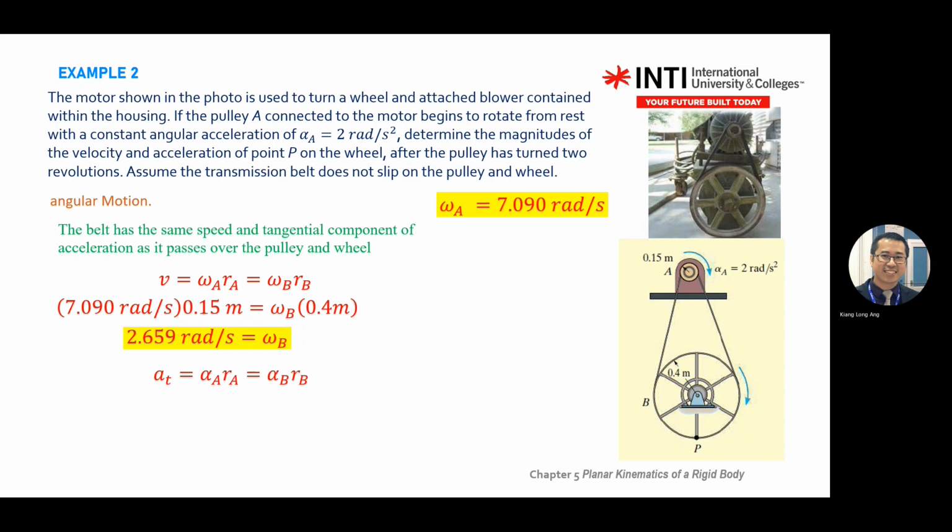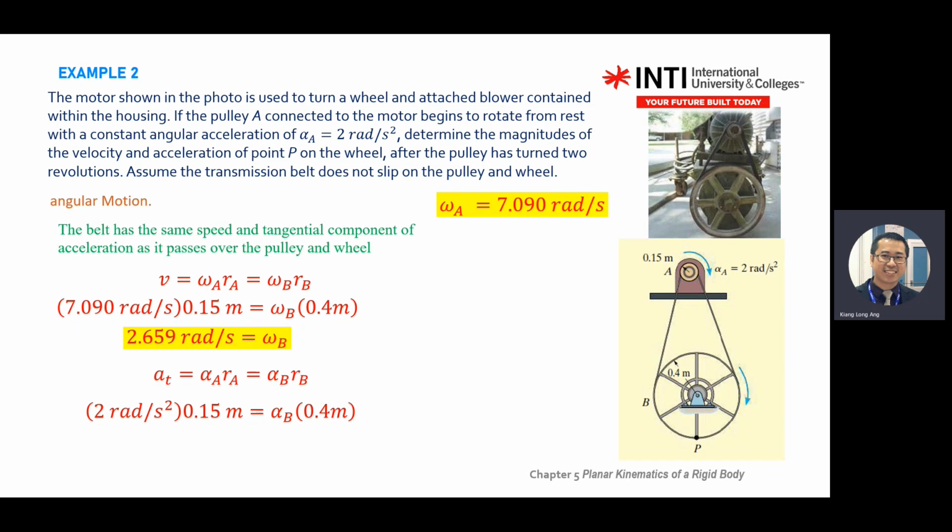So here, change into V and A. Substitute. You have your alpha A, which is 2 radian per second square.